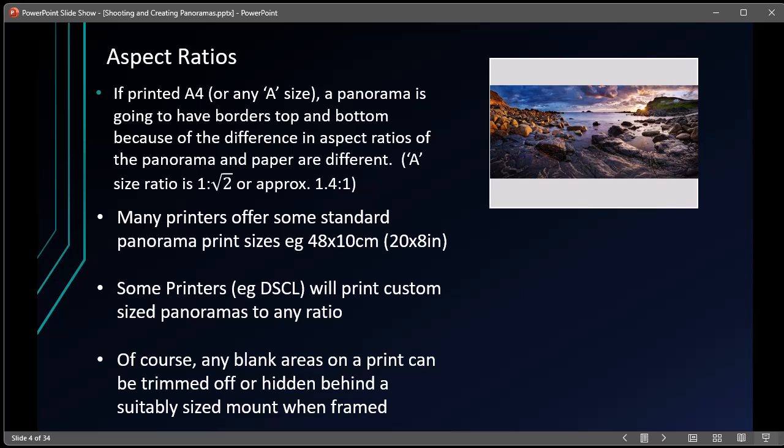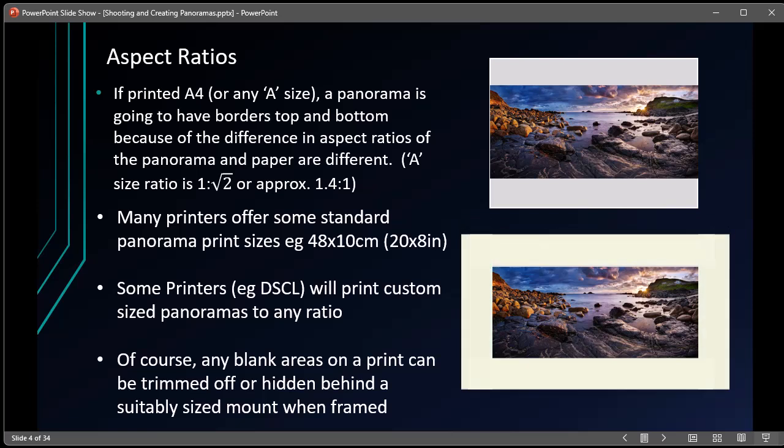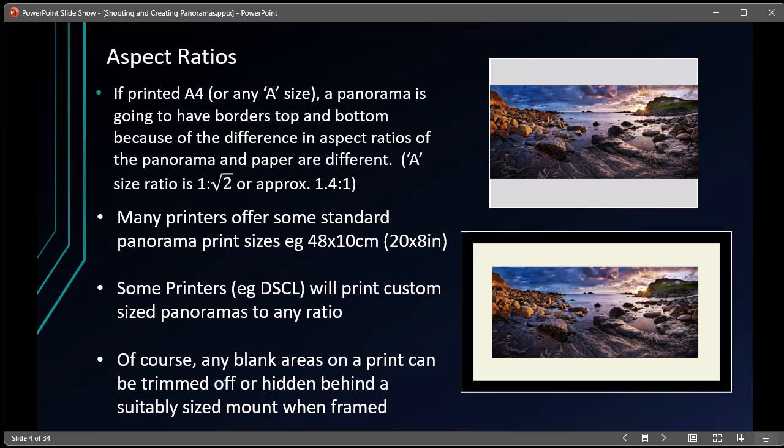Of course, any blank areas on a print can always be trimmed off or hidden behind a suitably sized mount and or framed. So you can take your picture with images top and bottom and put a mount around it which hides the borders, and then optionally frame that as well to get a nice panoramic print.